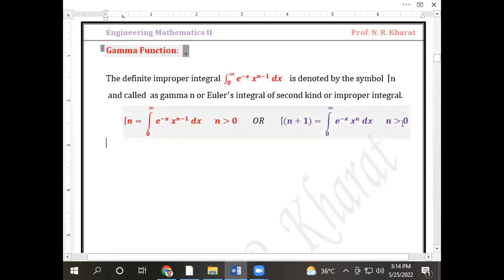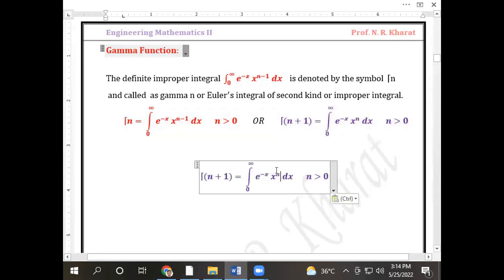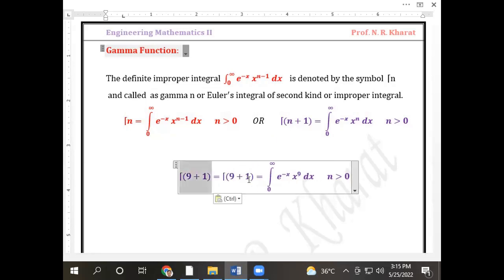So we can find the solution of the gamma function very easily. For example, suppose n is equal to 9. Then what do we get? Gamma of 9 plus 1 is equal to what? It is gamma of 10.